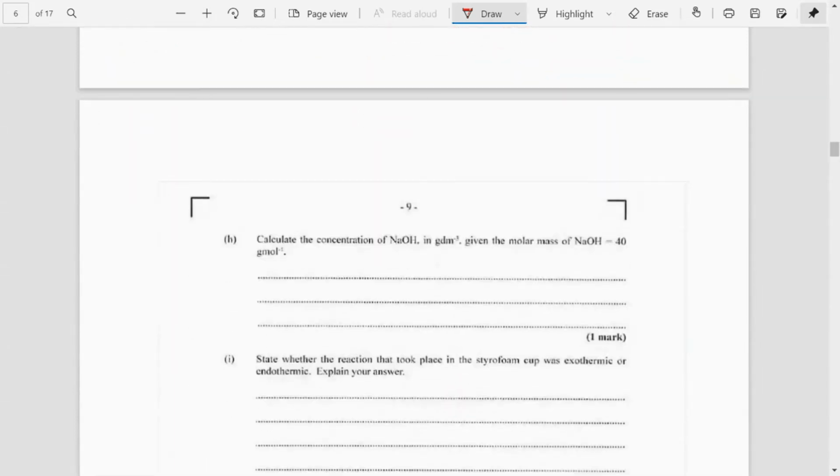Calculate the concentration of sodium hydroxide in grams per dm cube. So that's your mass concentration. Given the molar mass of sodium hydroxide is 40 grams per mole. So we already calculated our molar concentration, right? Molar concentration was 0.14 moles per dm cube.